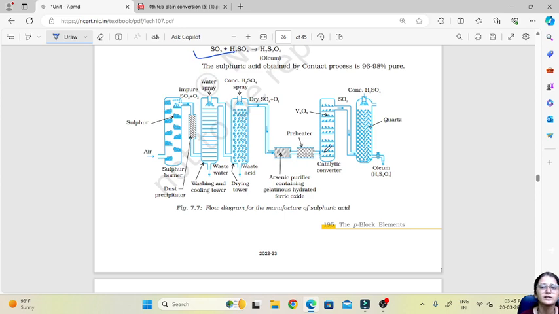Then further it is taken to the catalytic converter, in which V2O5 catalyst is present, and then finally SO3 is given out to produce the concentrated sulfuric acid.